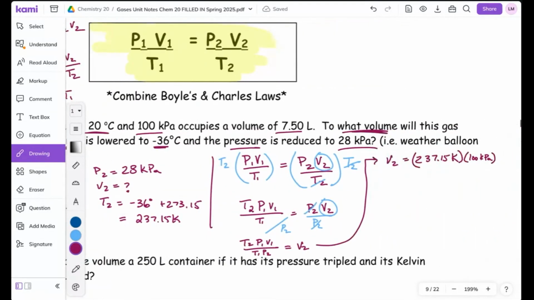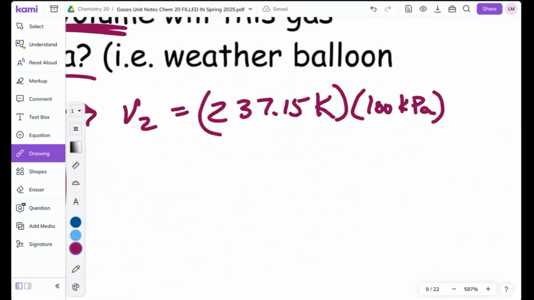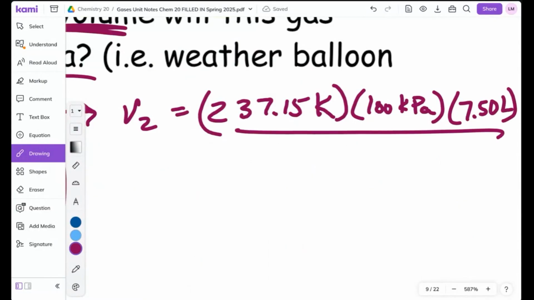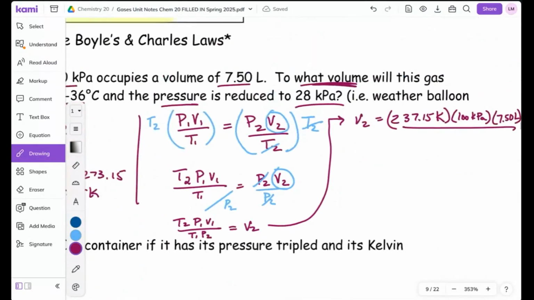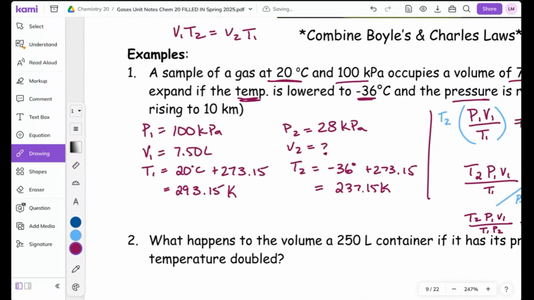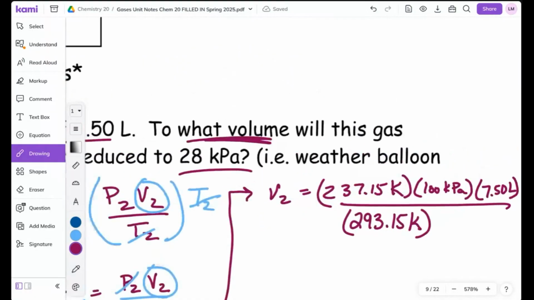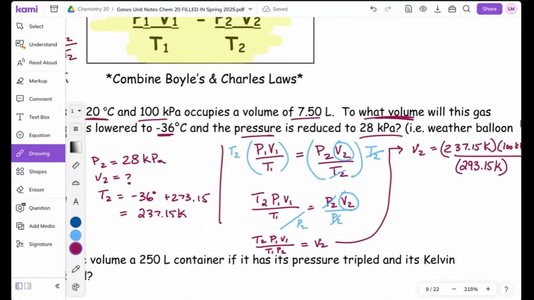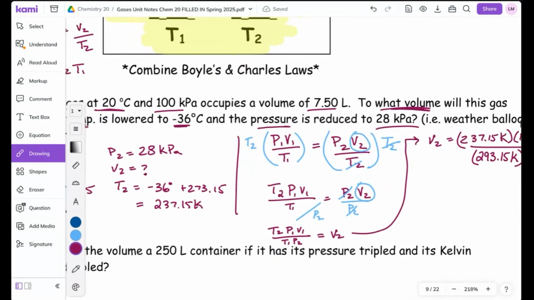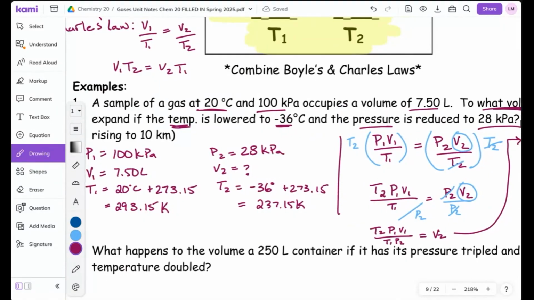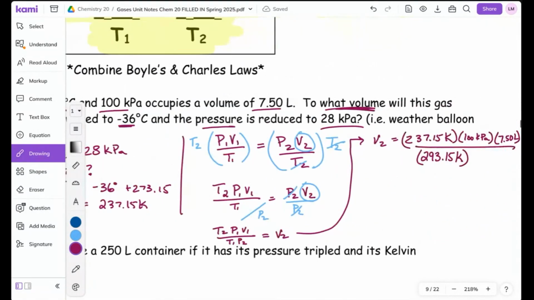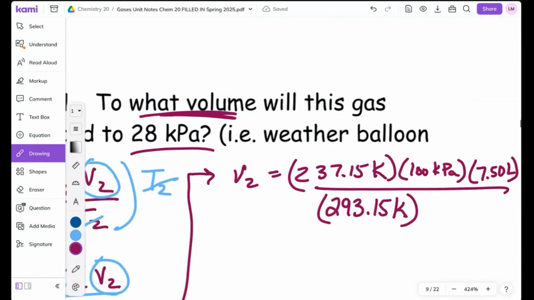And then V1 was 7.50, divided by T1, which was 293. So I'm writing out the units so that I can show you guys how the units cancel out. And then P2 is 28 kilopascals.